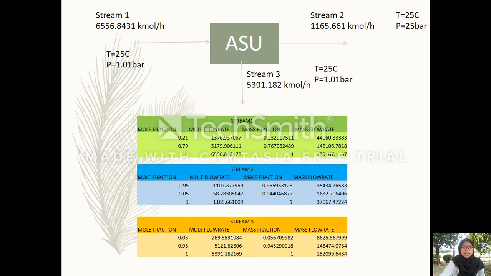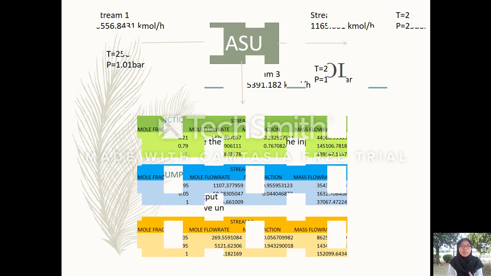For stream 1, the molar flow rate is 6,556, and we end with 2 streams out. The stream going into the OCM is stream 2, and stream 3 we will get rid of because the production of oxygen is not much.